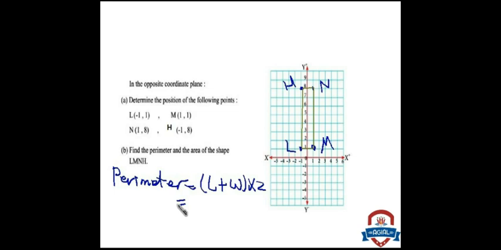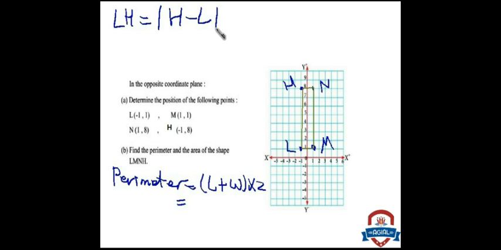The length of this rectangle equals the length of line segment LH. The length of line segment LH equals the absolute value of H minus L. And note that the line segment LH is parallel to the ray OY. So we can find the distance by using the ray OY.